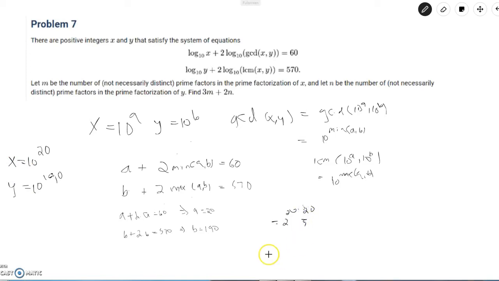There are 20 2s in here and 20 5s in here, so there's 40 total prime factors. So that's equal to m. For y, it's equal to 2 to the 190 times 5 to the 190. There is 190 plus 190 equals 380 total prime factors, and that's equal to n.